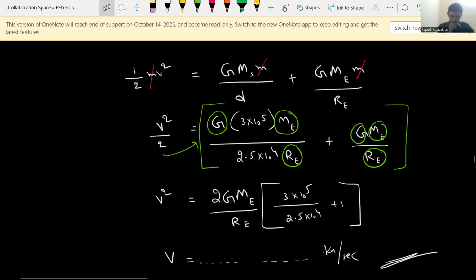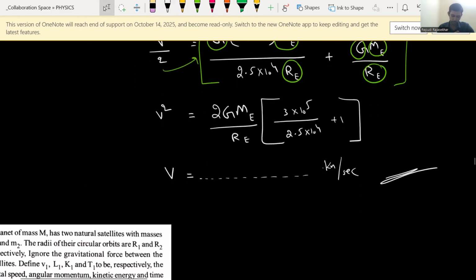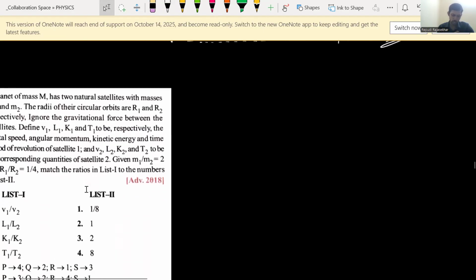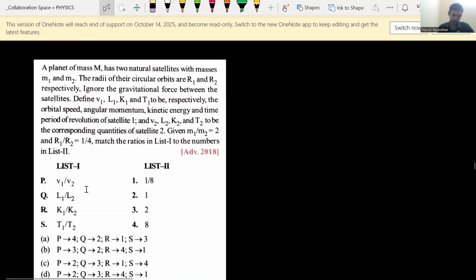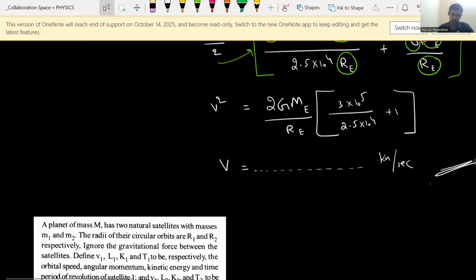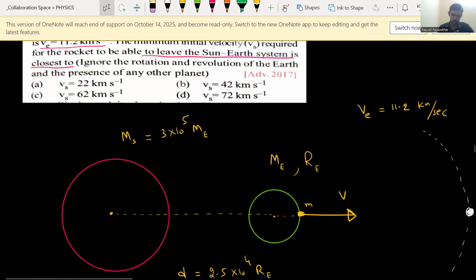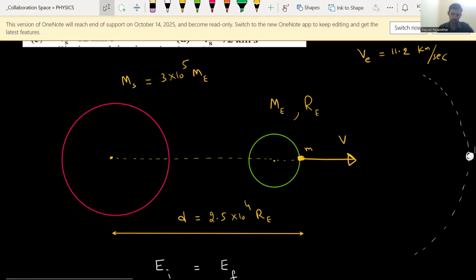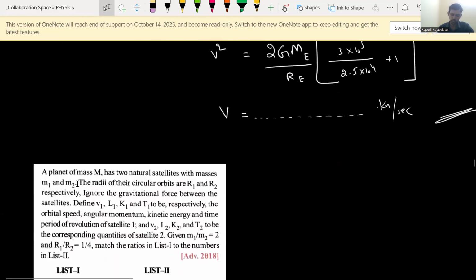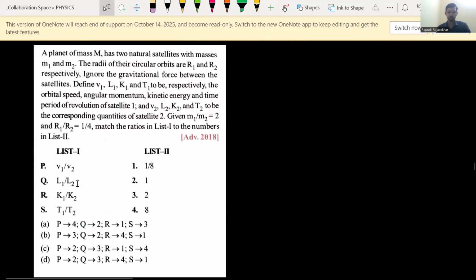Okay. Next question is 2018 Advanced. The previous question is 2017 Advanced, right? This is 2018 Advanced. MCQ type is given. Basically they give MCQ types. Most of the cases MCQs are from units and measurements, so definitely they are asking one question.